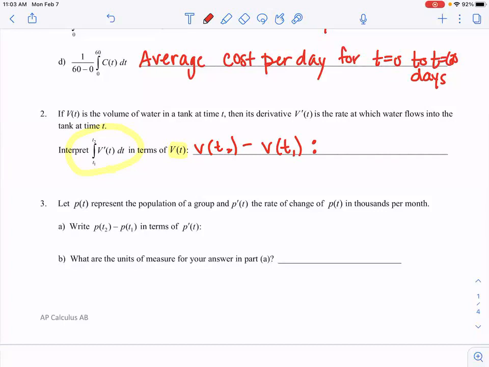Average rate of change is always going to be like a slope. Change. Just change. Change in what? No, not rate. Change in volume.